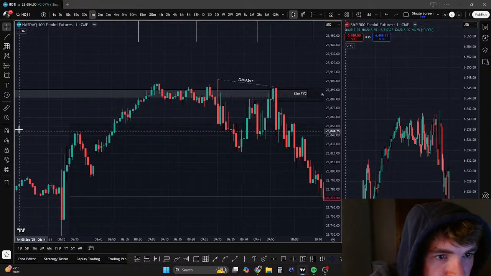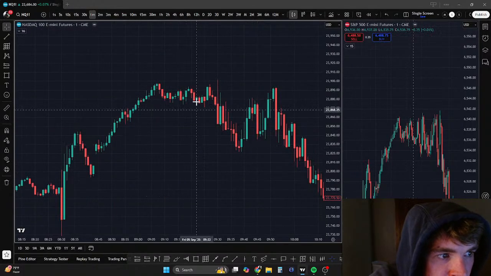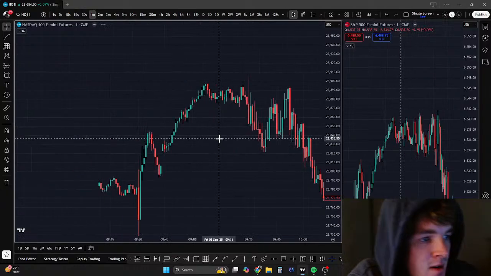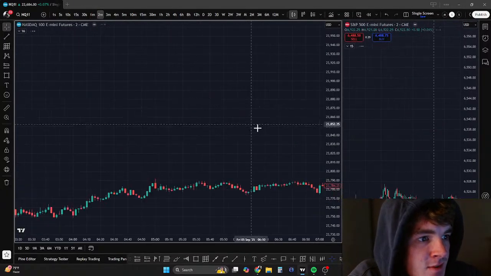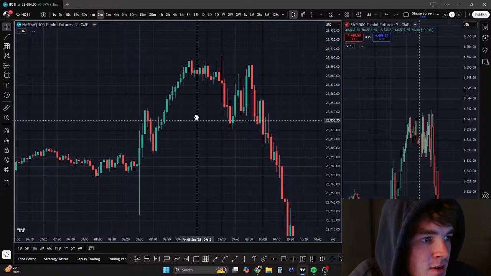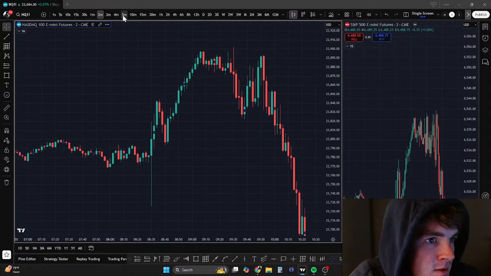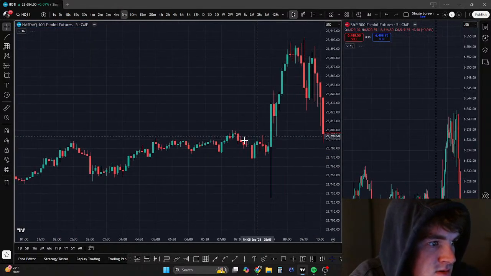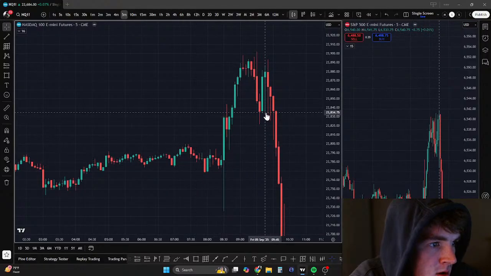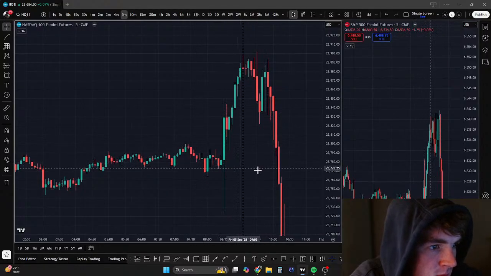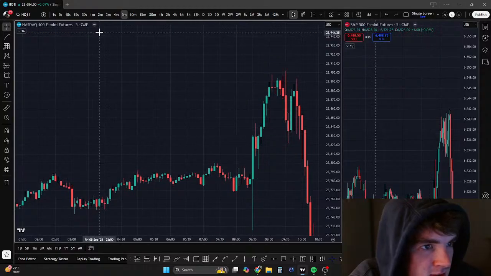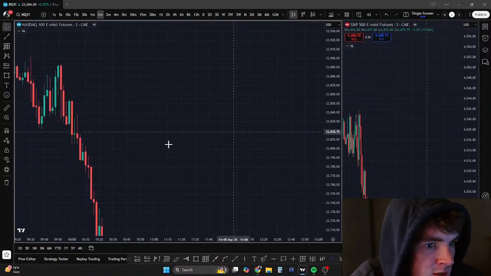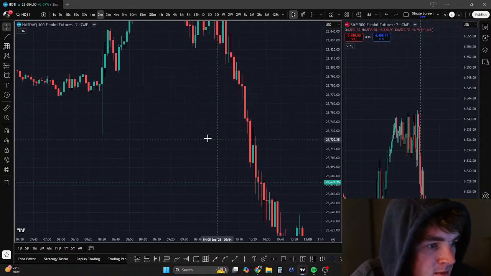I don't really know exactly what to look at now. I guess I kind of want to see if there are any inverse fair value gaps. I don't really think there were. Yeah, I don't think that there were many inverse fair value gaps.